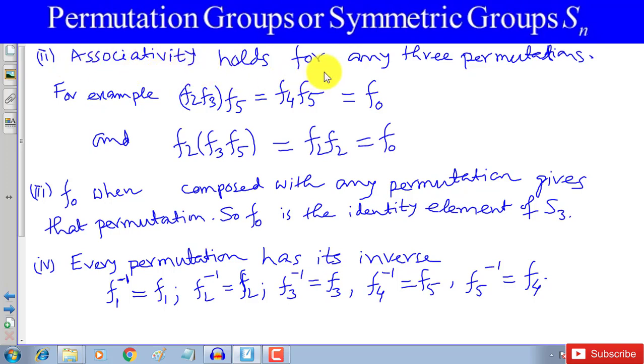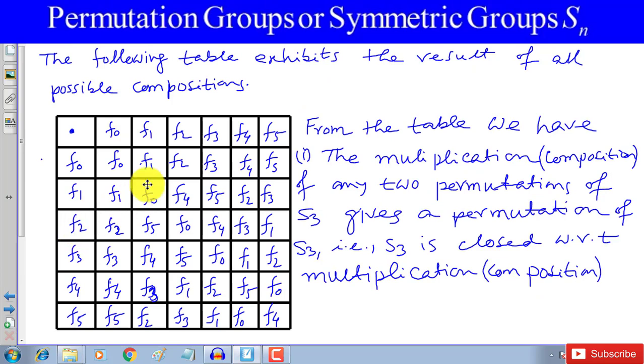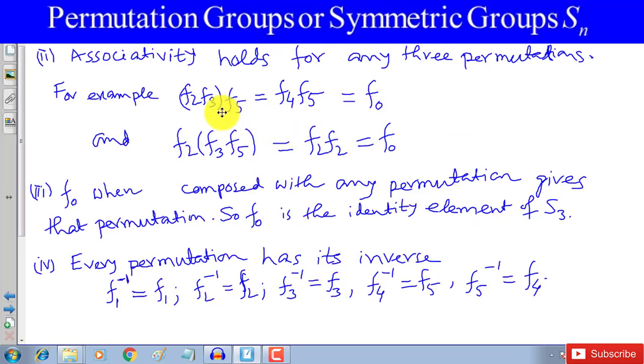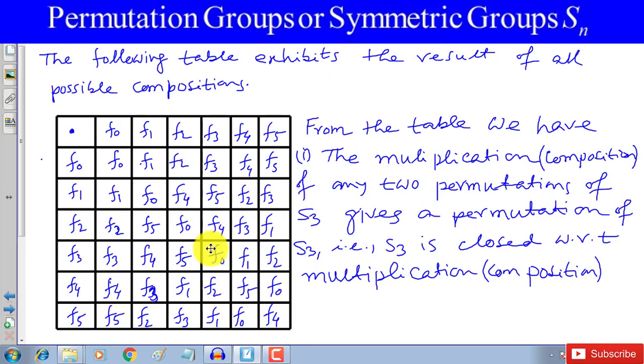Associativity holds for any three permutations. For example, consider (f2 ∘ f3) ∘ f5. From the table we can see that f2 composed with f3 gives f4. So (f2 ∘ f3) ∘ f5 is equal to f4 ∘ f5, and f4 composed with f5 gives f0, the identity permutation, from the composition table.